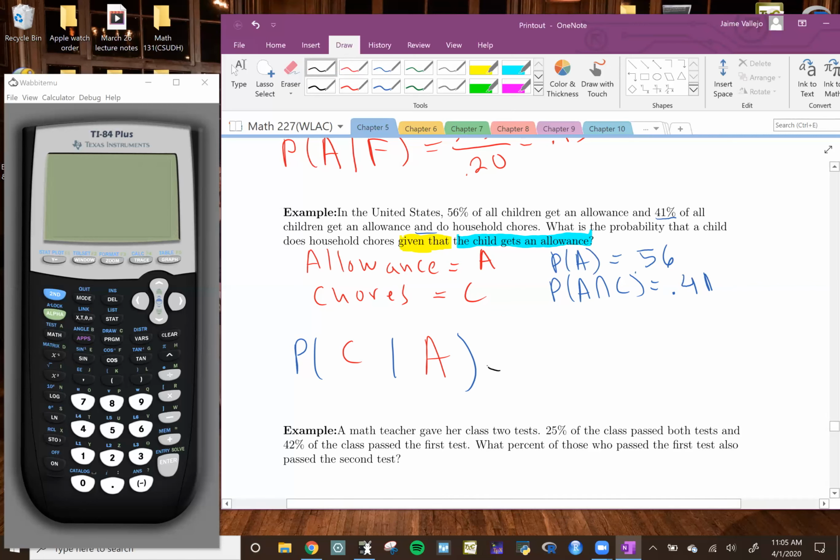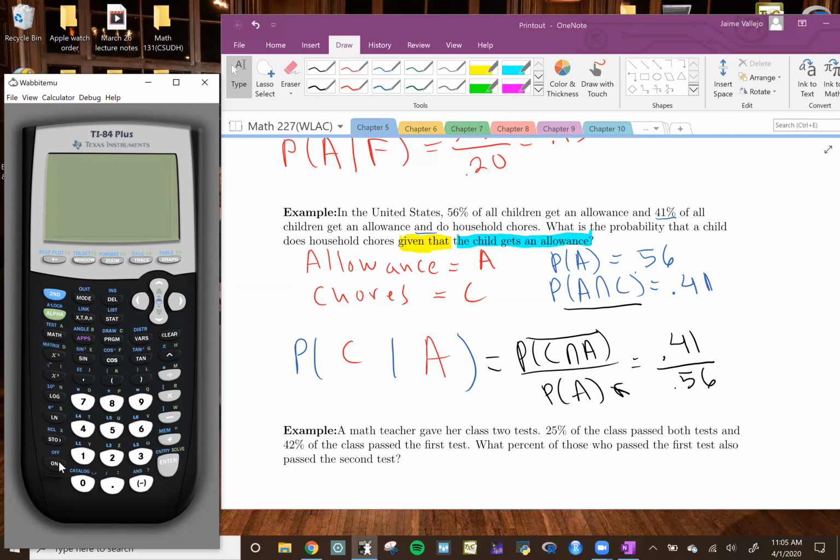All right. So up next, we're going to find the probability of C and A, and divide that by the probability of A. In this case, this and this are the same. So we put 0.41, and you divide that by the probability of getting an allowance, which is 0.56.